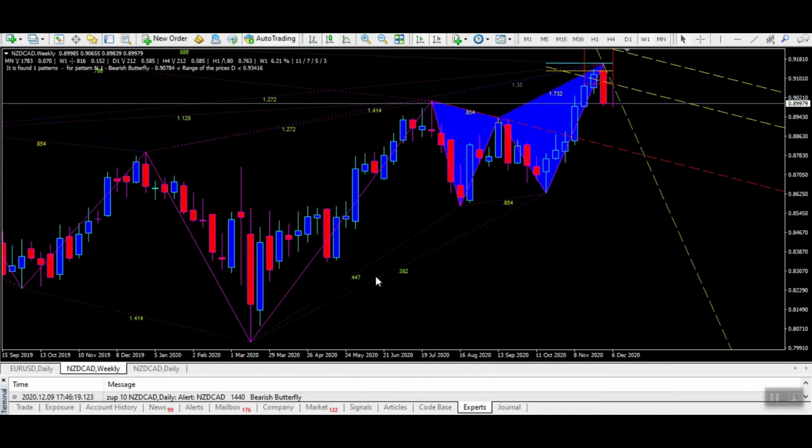I posted that and said the 1440 is a bearish butterfly, it's a downtrend line, and the weekly's a bearish butterfly, and I mentioned the TD sequential count and a lot of other things in the line of technical analysis. And I used abbreviations and that sort of stuff, like we always do, NZD CAD.